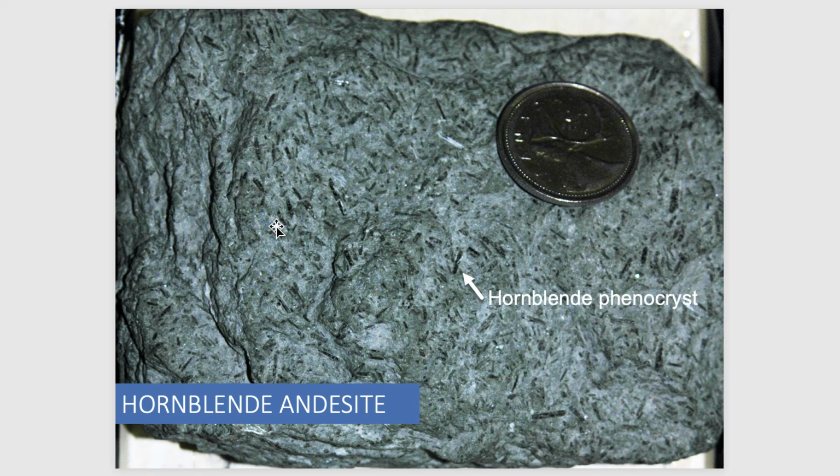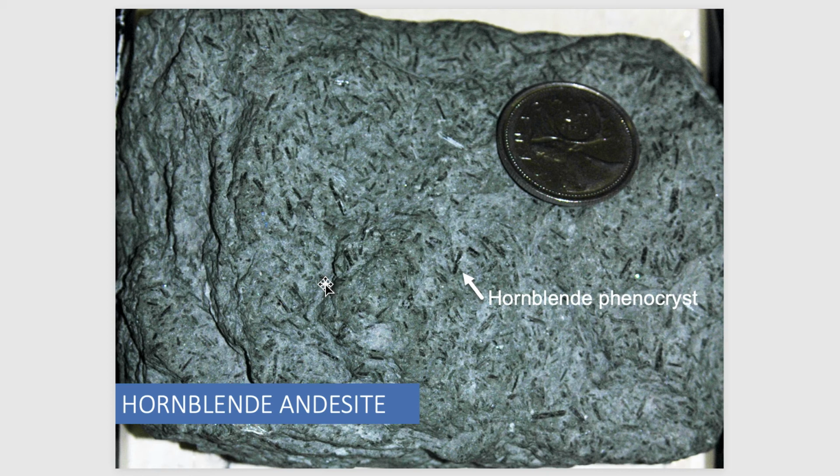Also, usually when the composition is really homogeneous, like in this example, this is almost a porphyry. So I could define this more correctly as an andesite because of that.